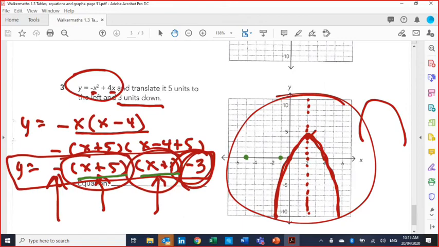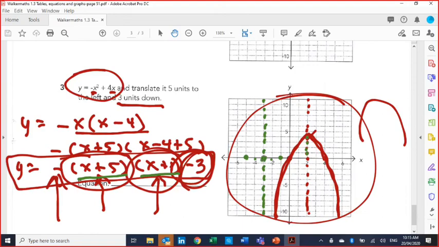Okay? Now, our new vertex, still in the middle. 1, 2, 3. Okay? It just went down 3, so 1, 2, 3 down. Okay? So our new axis of symmetry is over here now because we've translated it.